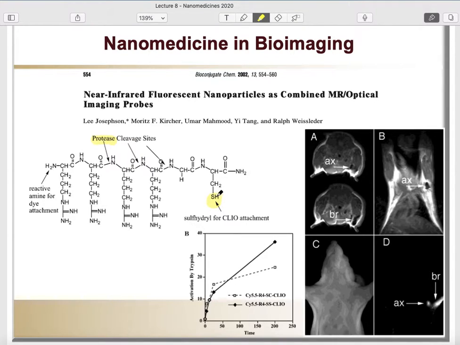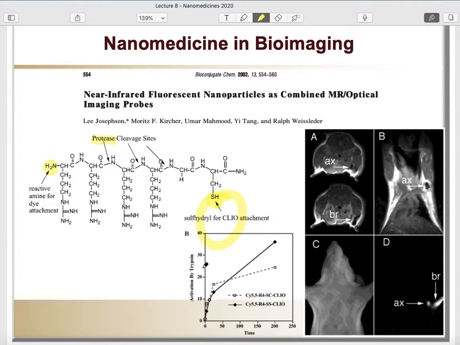So we're going to be using this to now attach a nanoparticle here that enables us to do MRI imaging, which is what's shown on the right-hand side. In addition to that, here we have a reactive amine that is utilized for attachment of a fluorescent molecule, and that is going to enable fluorescence imaging to take place.